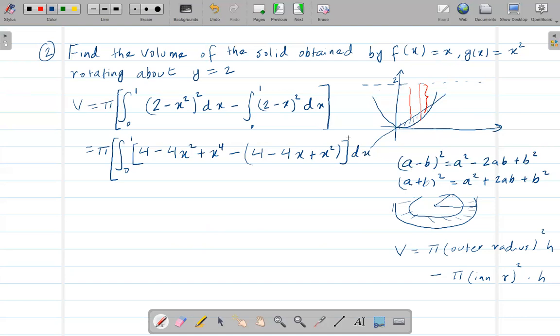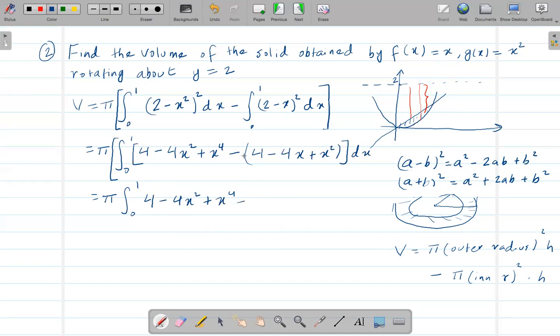So what do we do after this? Now for this pi, we can basically distribute this, so that will give us 4x squared plus x to the power 4.